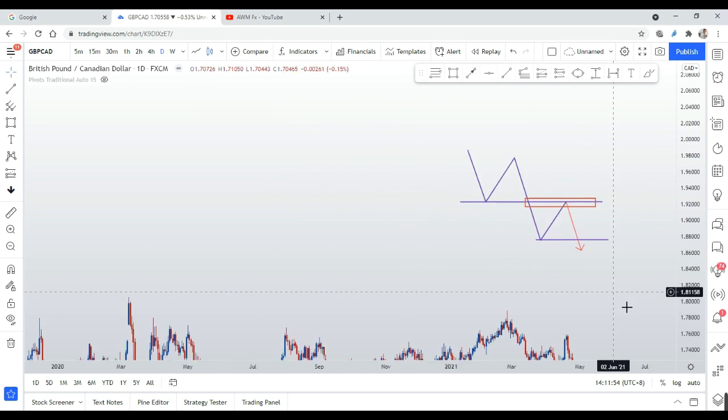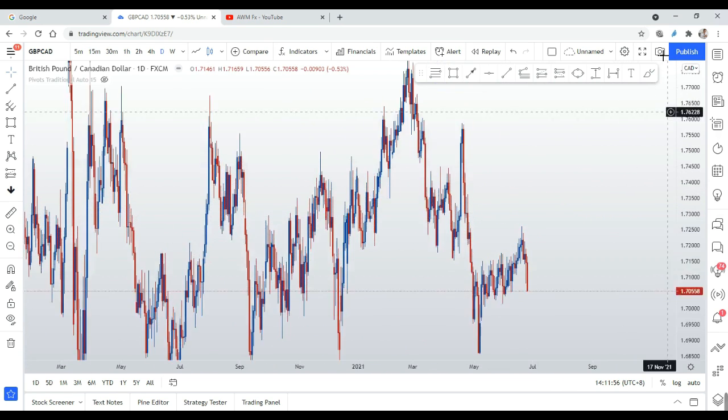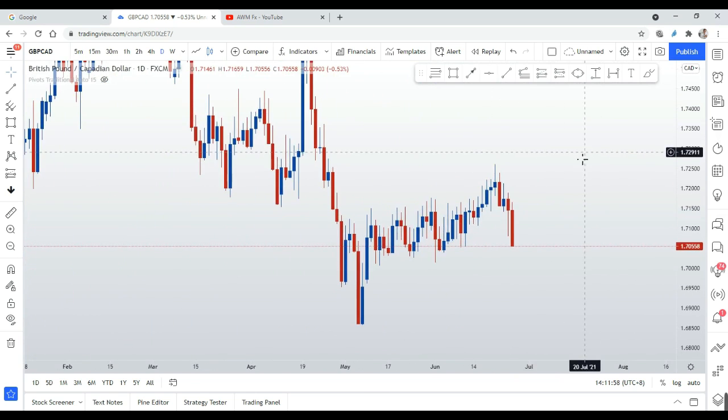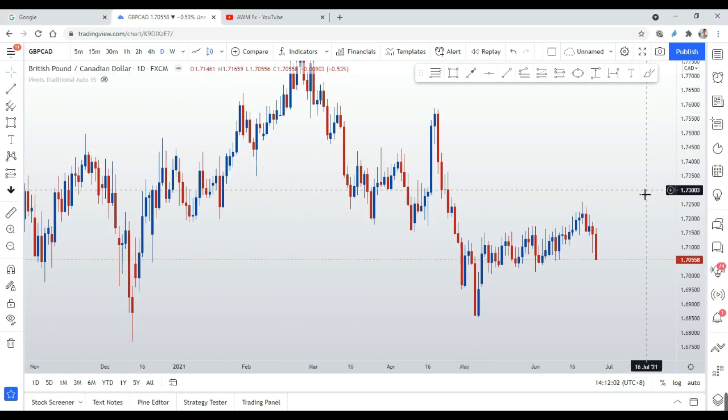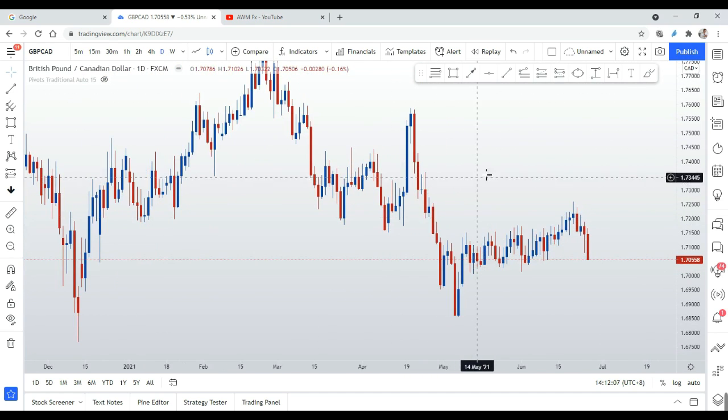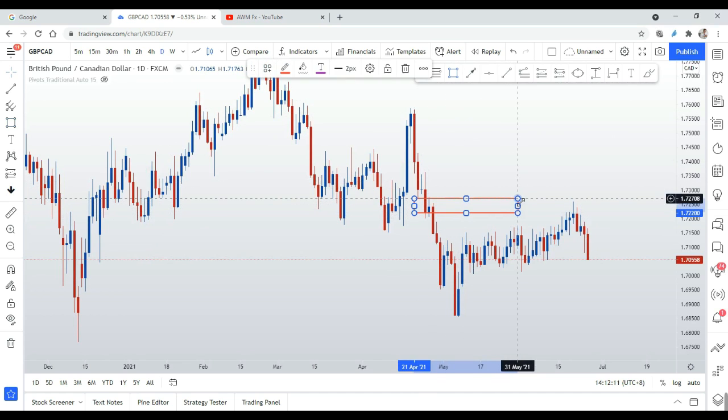Let me give you an example over here. We know the price is coming down, it's in a downtrend, and then we have a very strong supply over here.